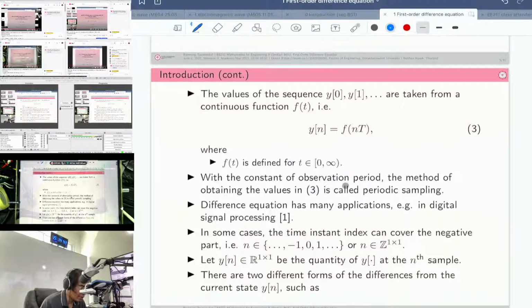Once the observation period is constant, we call it periodic sampling.